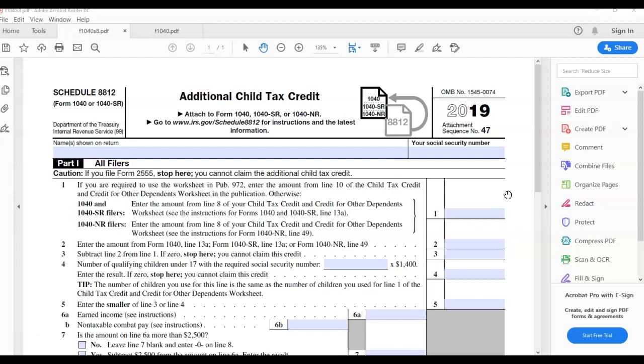You either get a full credit or a partial credit. So if we actually fill out the form and we put down $4,000 and we put $3,800 here, that'll leave $200.